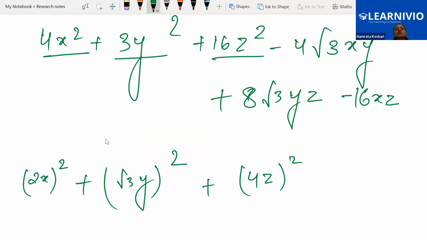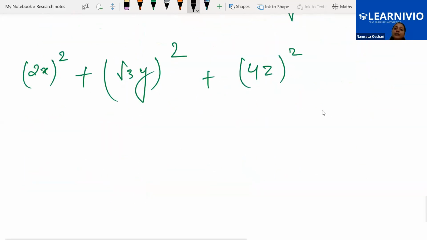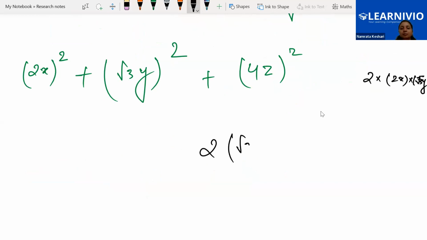Now by yourself, try writing 2ab, 2bc, 2ca, or maybe 2xy, 2yz, 2zx. By yourself, you write it. Don't look at the question part. So 2 into first term into second term, then 2 into second term into third term, plus sign, minus sign, still we are not sure.